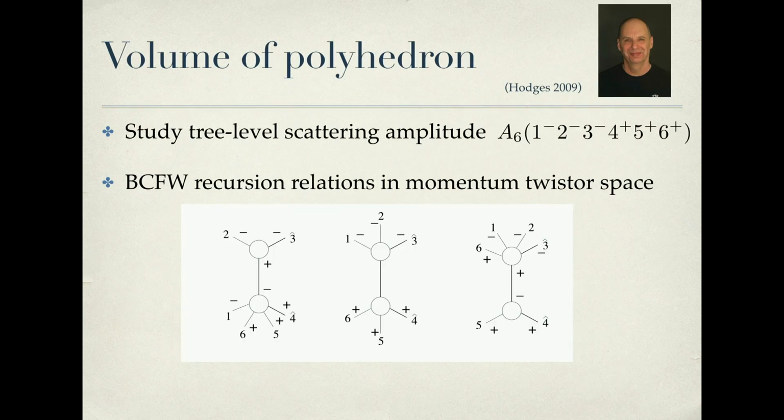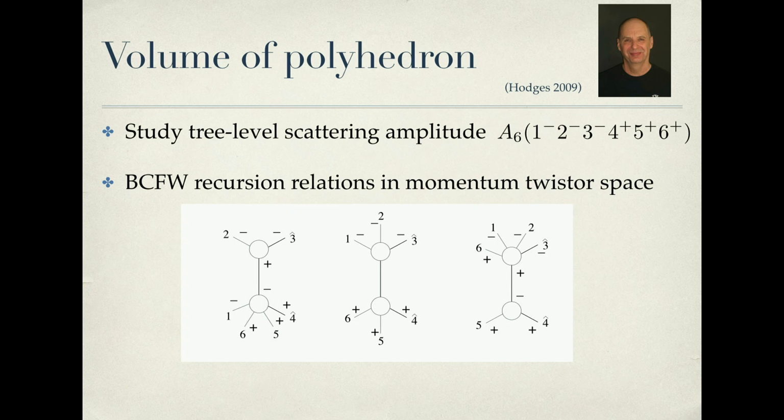So even before these on-shell diagrams were found, there was a very interesting observation back in 2009, which pointed in a certain direction. Andrew Hodges studied the tree-level scattering amplitudes for gluons with a particular helicity.